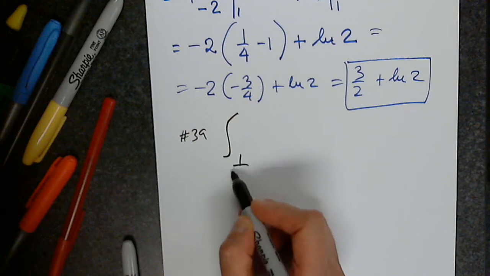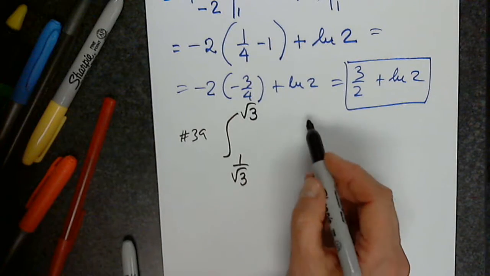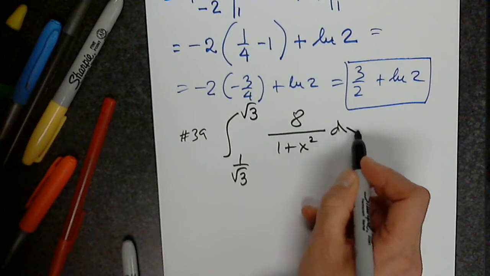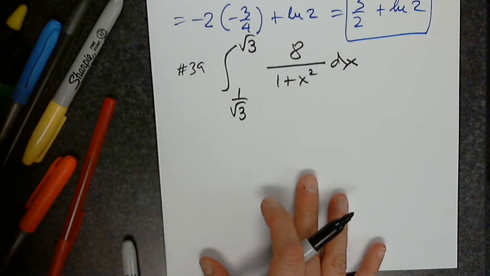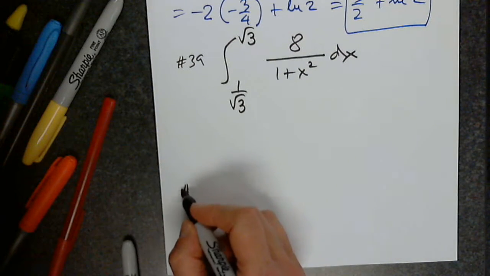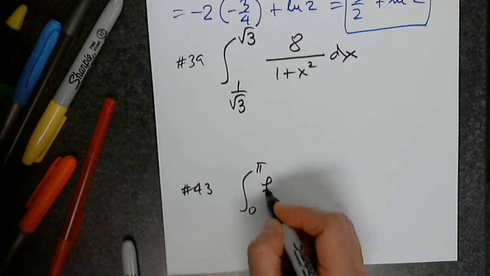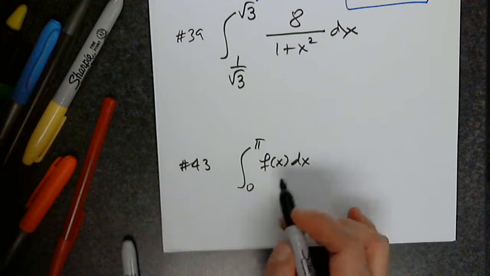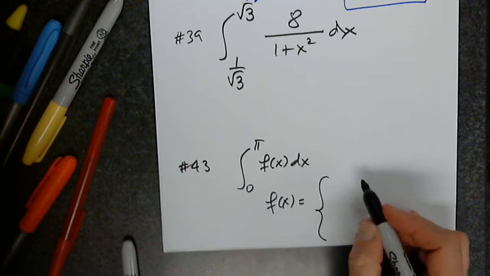The integral from 1 over the square root of 3 to the square root of 3 from 8 over 1 plus x squared dx. That's one problem. Then 43. The integral from 0 to pi from f of x dx, where f of x is given to us as sine x.